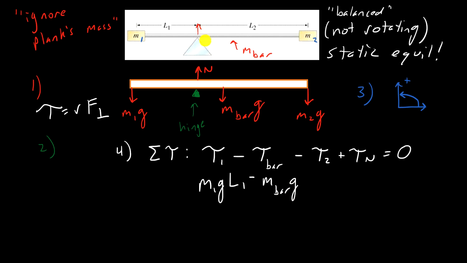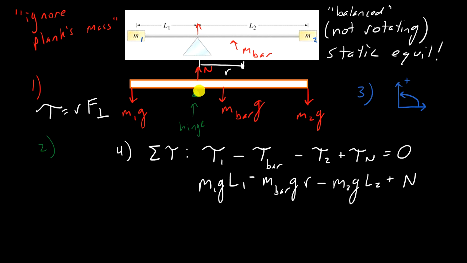To be honest, I don't really know this distance here. I didn't label it in the problem. Let's call it r. Minus the torque from this weight, that's m2g, that's the force, times the length L2. Plus the normal force. What's the distance from the hinge? Oh, look at this.